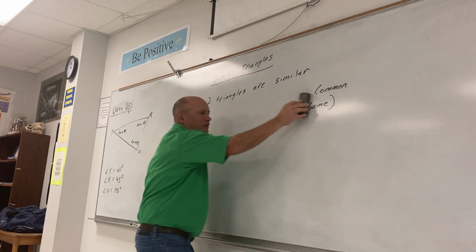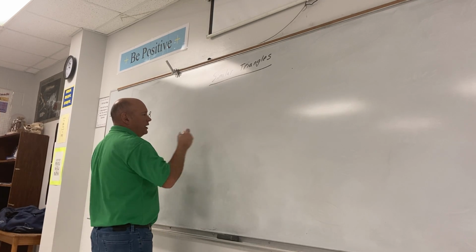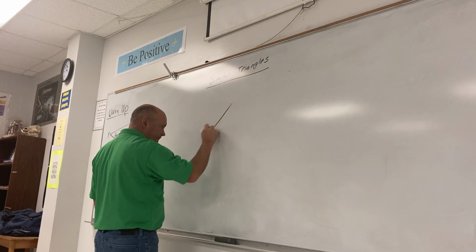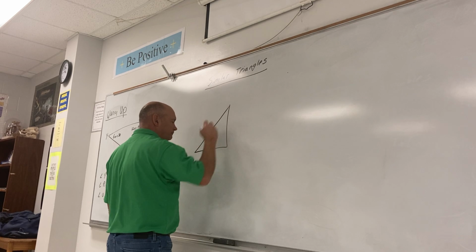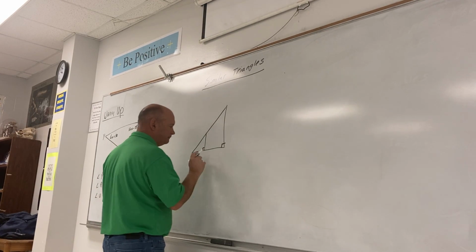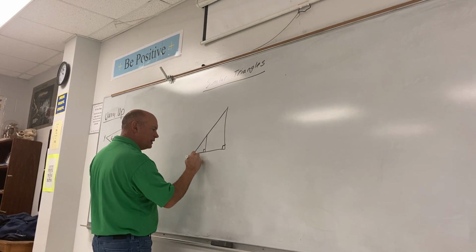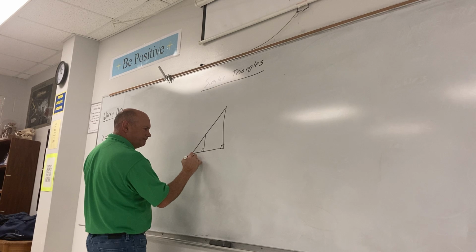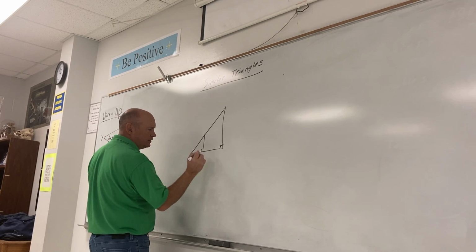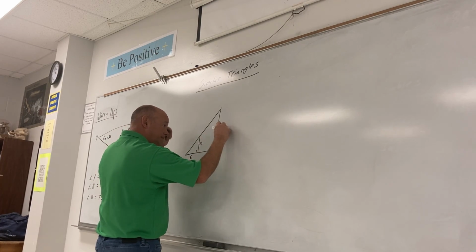Now today they're also going to ask us if we already have two similar triangles, we can do a little math with it. Let's go with 6, 10, and 40.